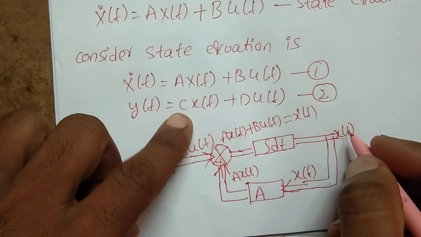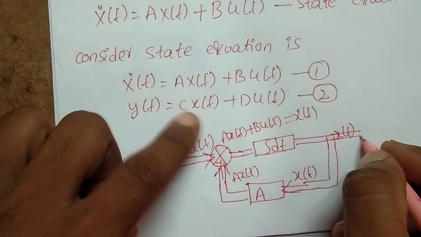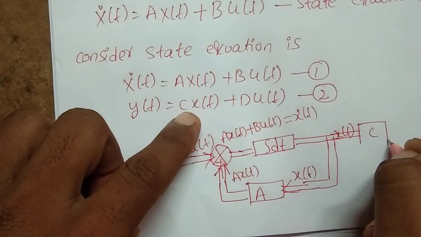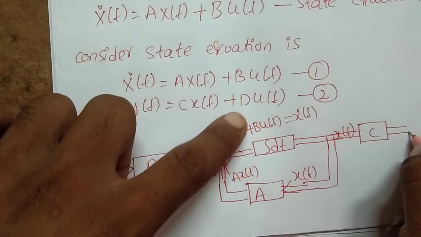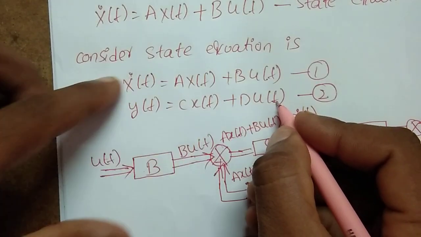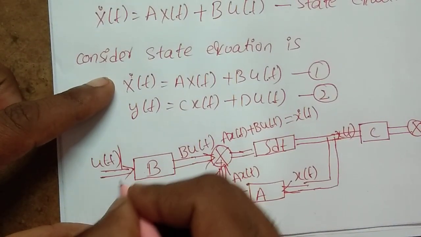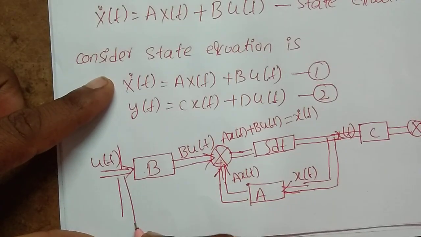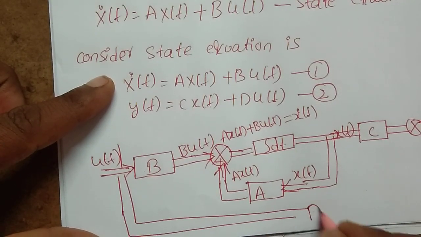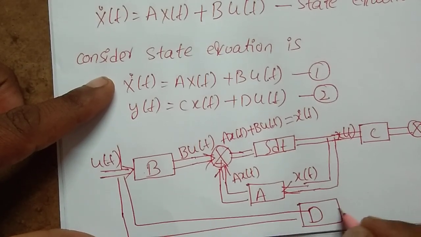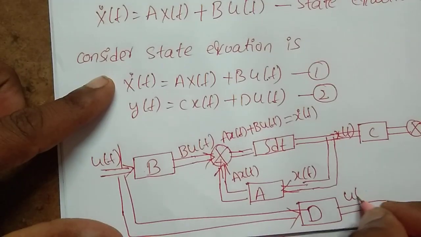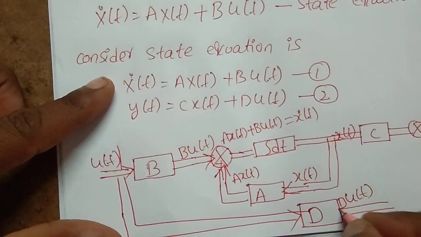Next one, how to design the output? Then x of t is multiplied with C. The u of t is multiplied with D, giving D into u of t.